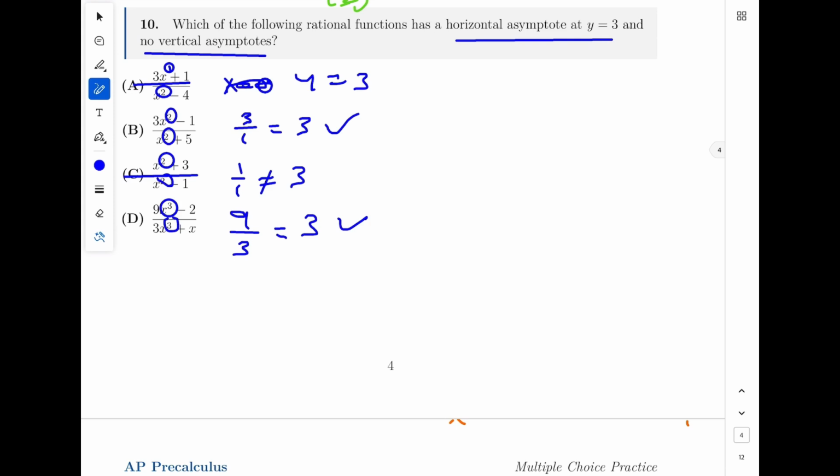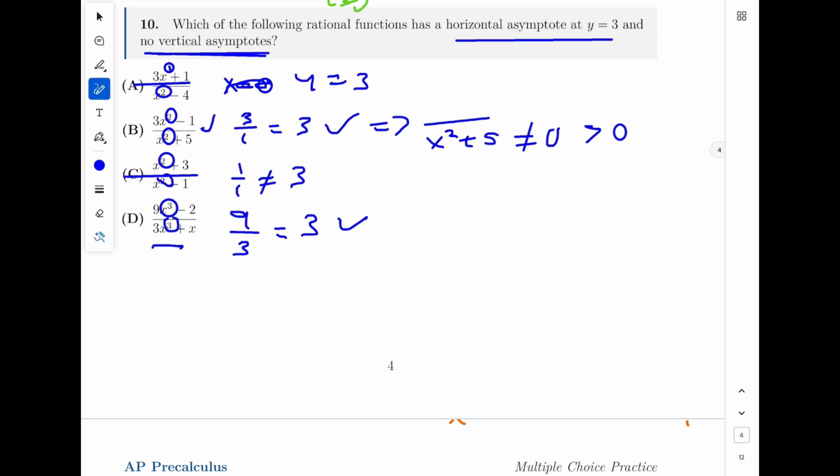Now we need to have no vertical asymptotes. We have no vertical asymptotes when the denominator can never be equal to 0. Now if you look at the denominator of option B, it is x squared plus 5, and x squared plus 5 can never be equal to 0. It's always greater than 0. So this is a strong contender.